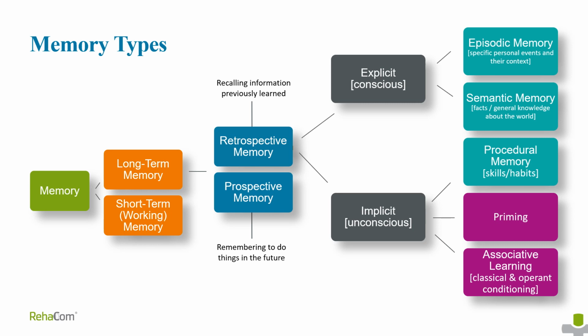Normally, when we talk about memory or remembering things, we are referring to explicit memory, which is consciously recalled. Explicit memories can be episodic, meaning that they relate to experiences or episodes in your life, or they are semantic, relating to facts or general knowledge.